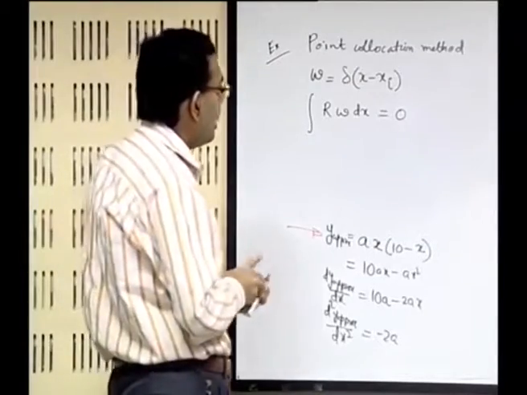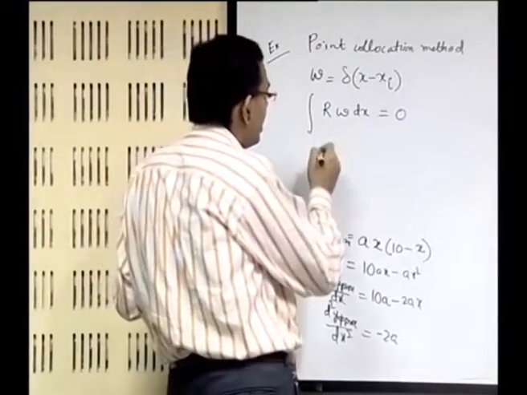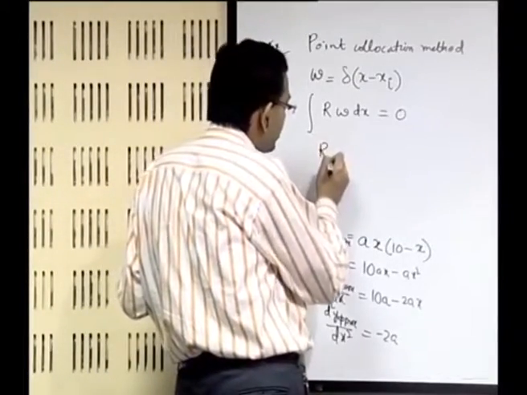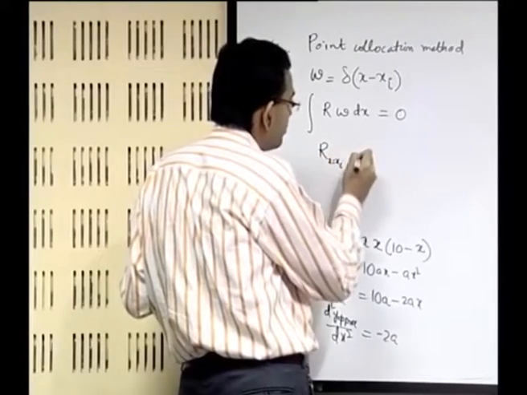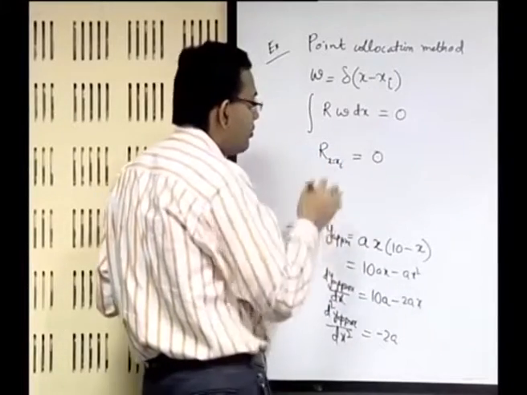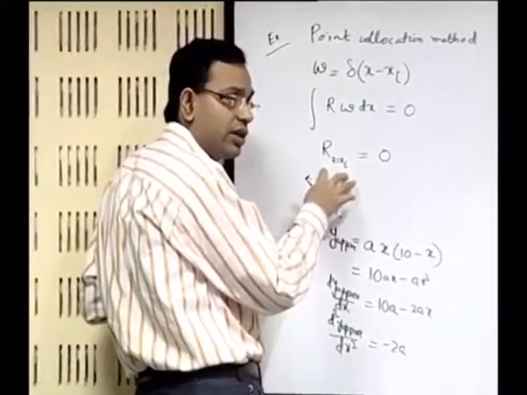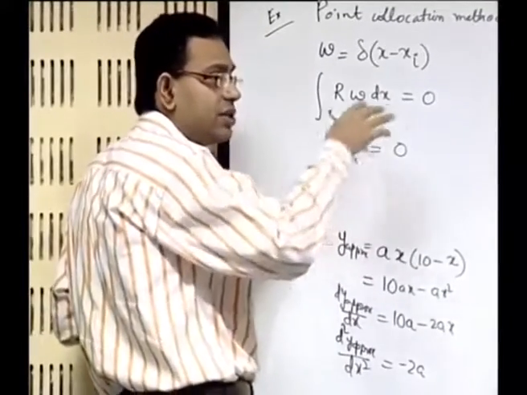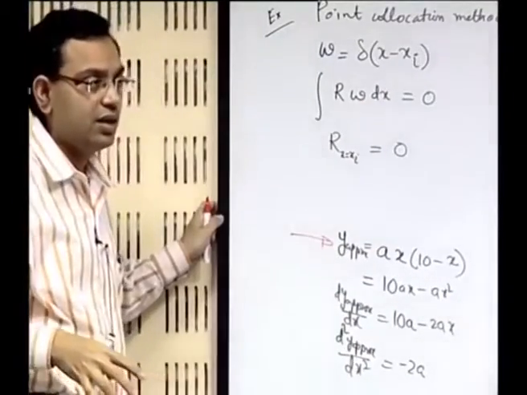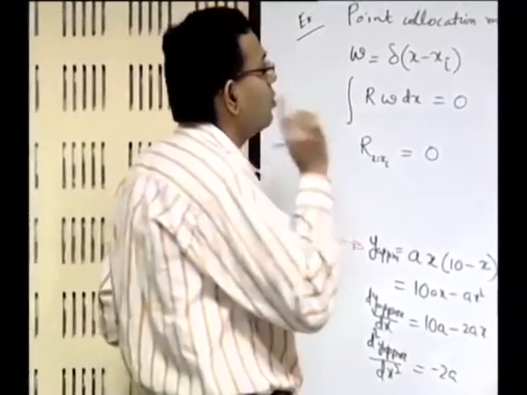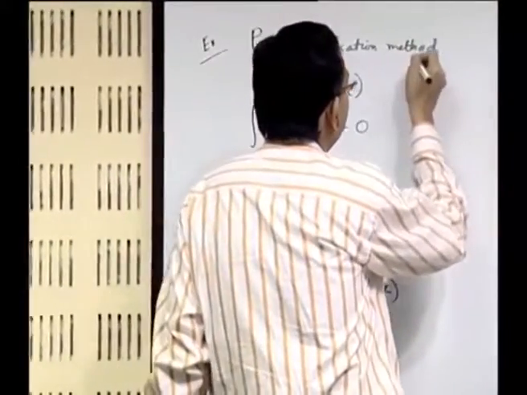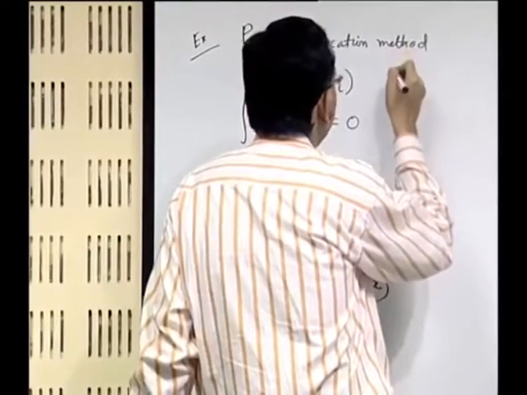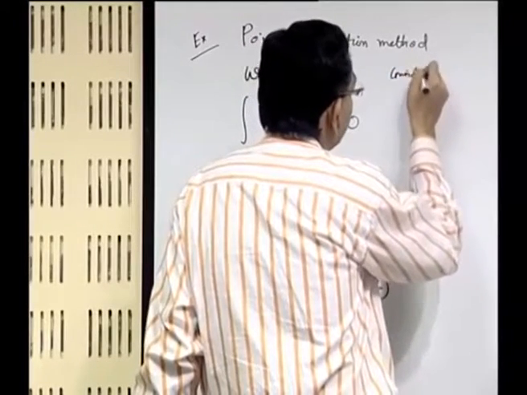So, when you have this one, basically what it becomes is r at x equal to xi is equal to 0. So, if there are many such points, collocation points, then it will be a summation of that. But here we consider only one collocation point. So, point collocation method, in this example we consider only one collocation point.